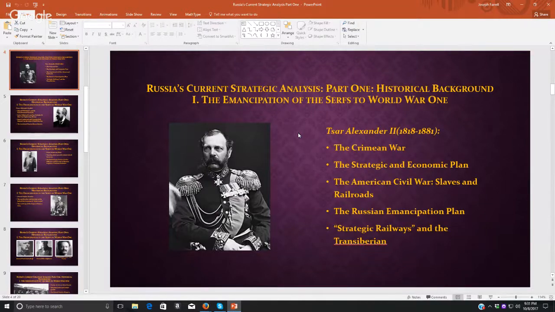This is the Tsar during the Crimean War, which of course pitted France, Great Britain, and Turkey, the Ottoman Empire, against Russia, because Russia was pushing into Central Asia, pushing southward, and had already by that time established its great naval base at Sevastopol on the Crimean Peninsula.